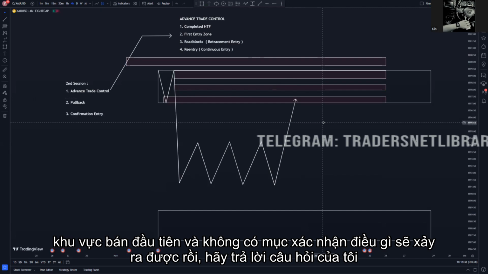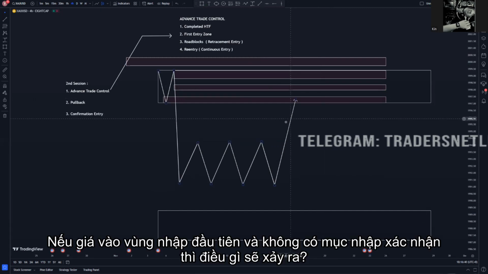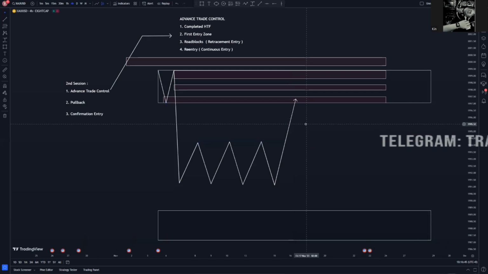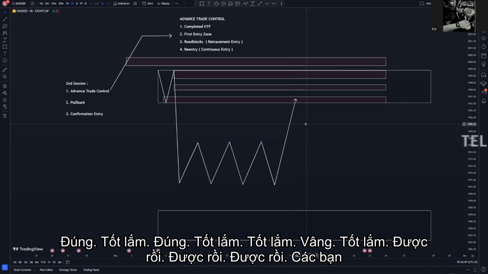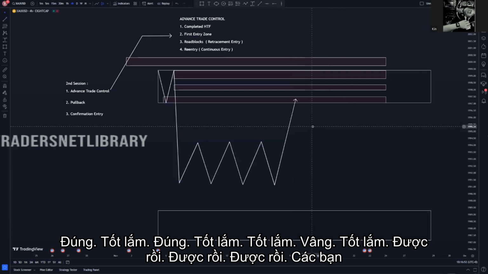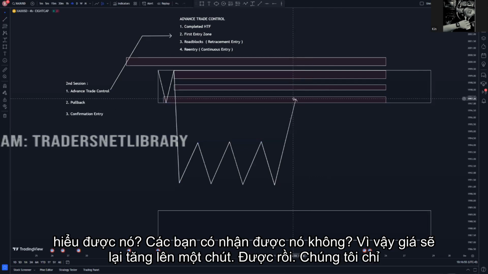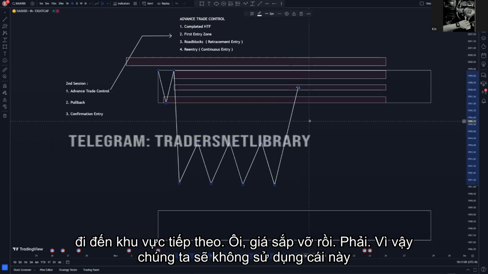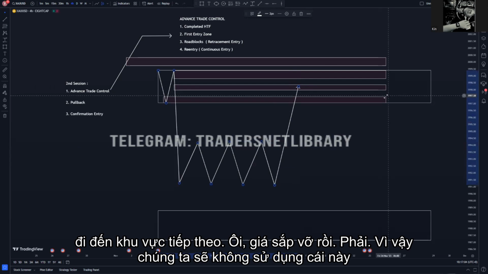Answer my question. Good one. You guys getting it? So the price is going to go a little bit up again, and we just go to the next zone. Or the price is going to break, so we're not going to use this zone anymore.